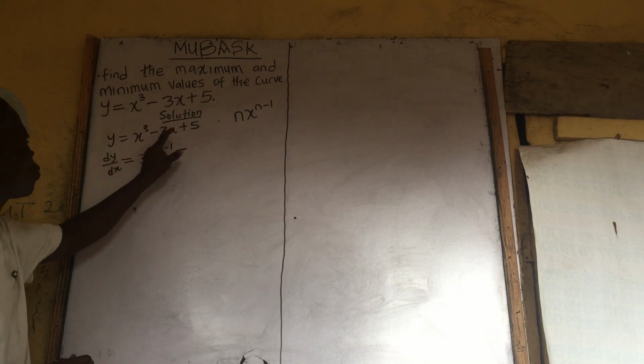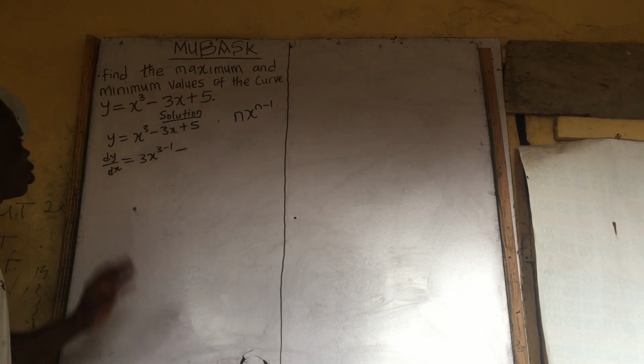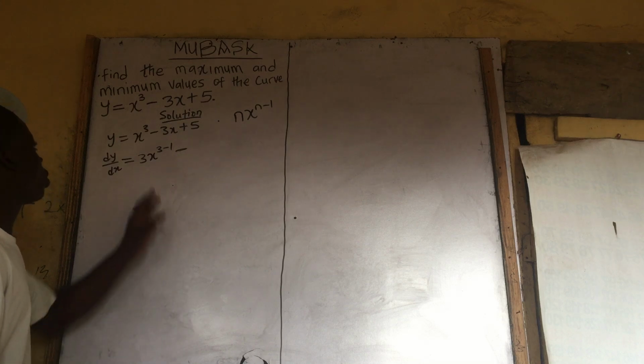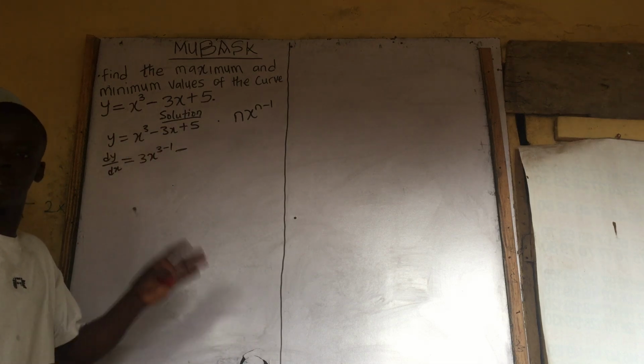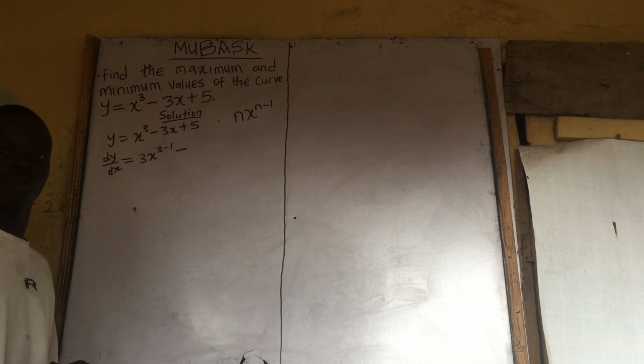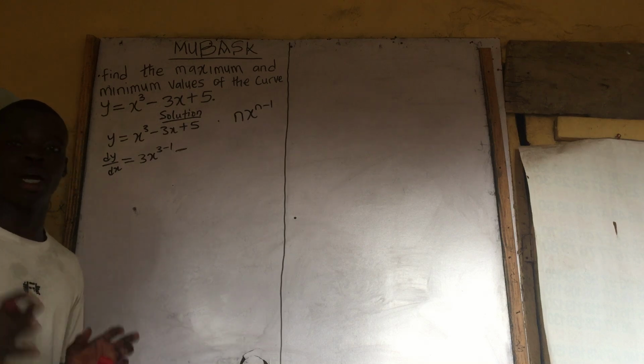As you can see, this 3x doesn't show a power, but it is easy to identify: it is raised to power 1, but it is invisible, because any number raised to power 1 is equal to that number.